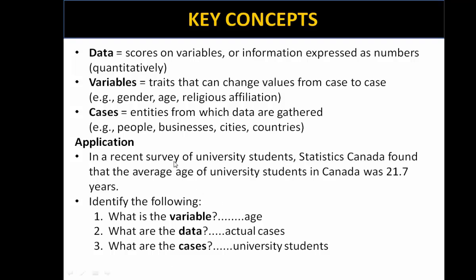What we're examining here are university students, and what was tracked by Statistics Canada is the average age. And of course, the age of each university student was measured, making age the variable.